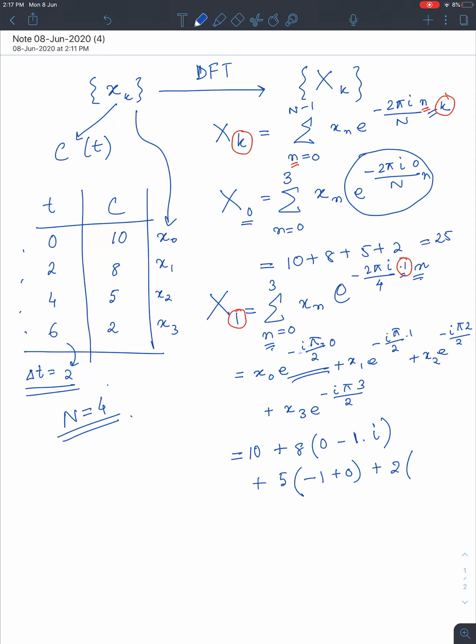Cos of 3 pi by 2 is again 0, and sine of 3 pi by 2 is minus 1, so minus i sine 3 pi by 2 becomes plus i. So that will give us plus 2i.